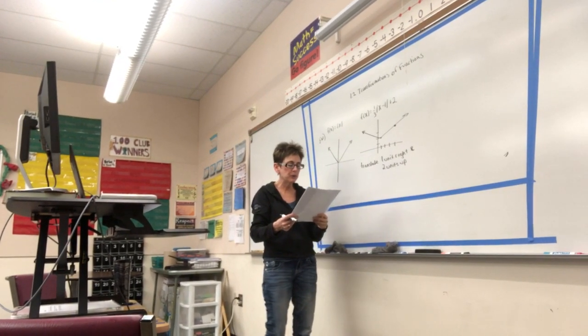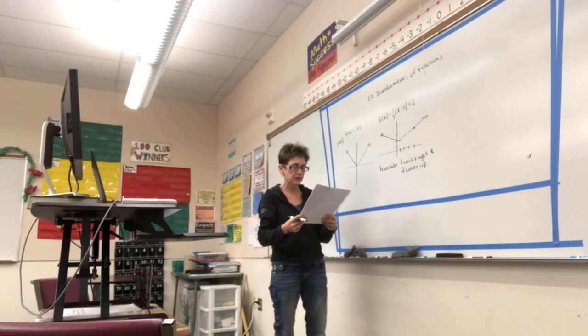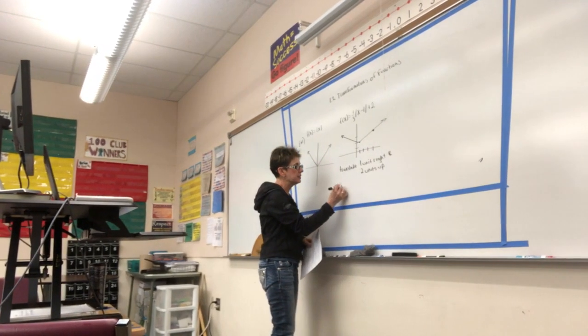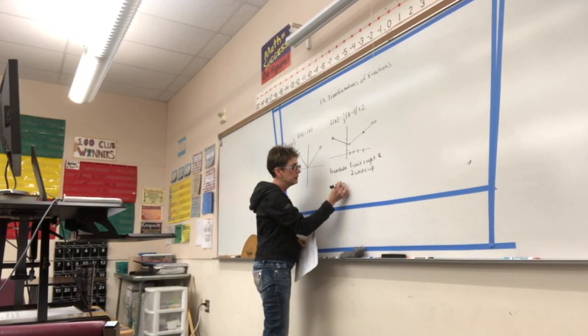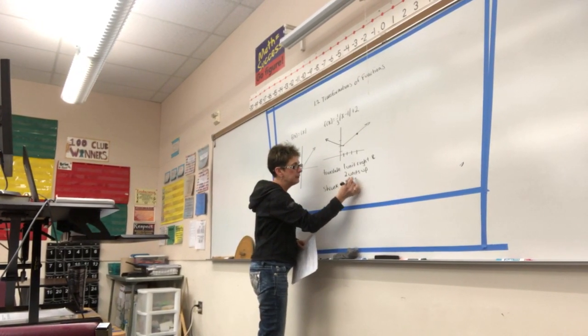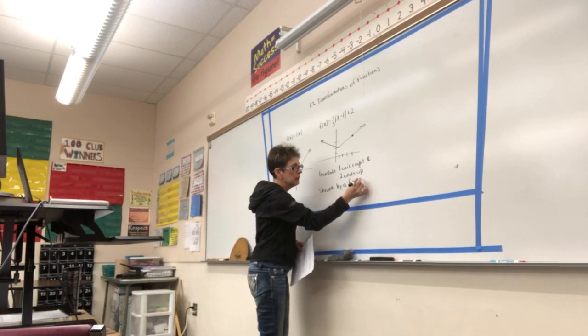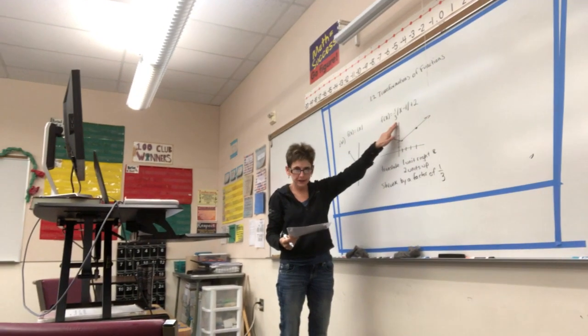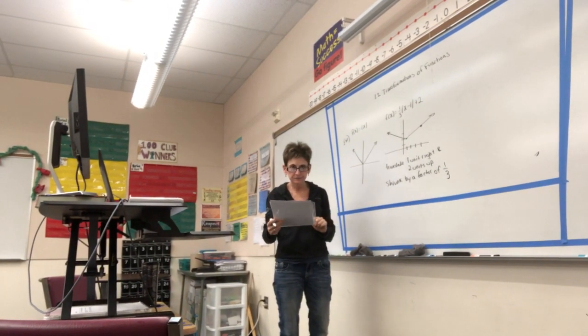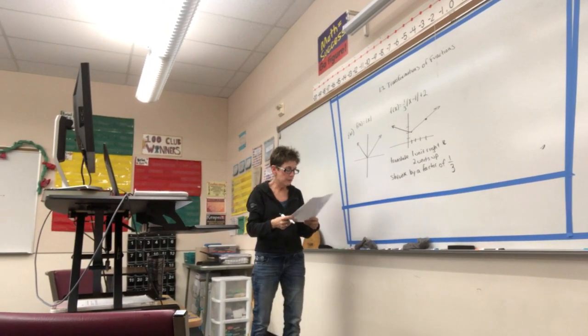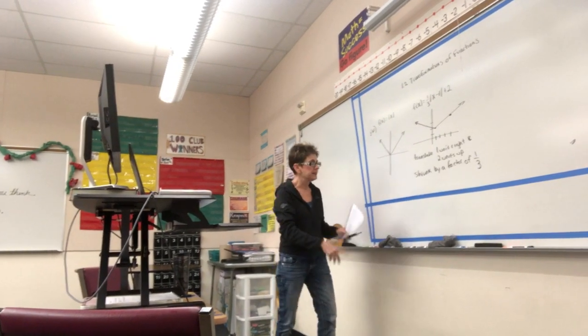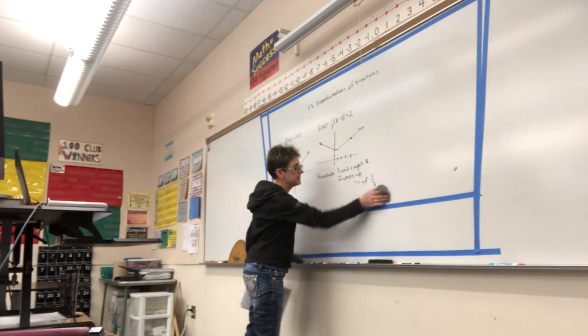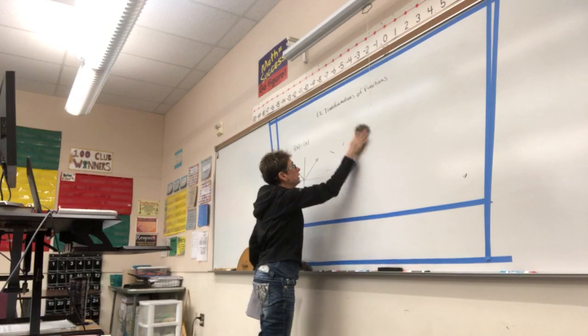In this example, the factor was 1/3. So we're going to say that this was shrunk by a factor of 1/3. And notice that 1/3 is the number that we see here.